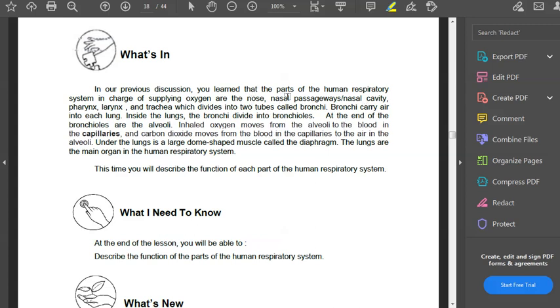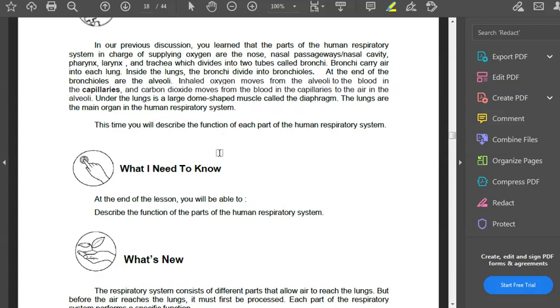We have the nose, nasal passageways, pharynx, larynx, trachea, bronchi, bronchioles, alveoli, and then inside the alveoli you'll have the capillaries, wherein they will then move the air, get the oxygen, give it to the blood, and exhale. You will exhale the carbon dioxide. So the carbon dioxide moves from the blood and goes out to our nose or mouth again.